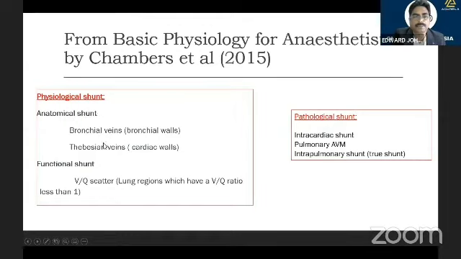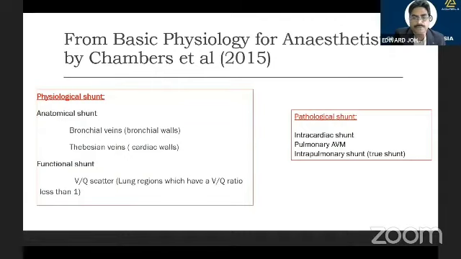Anatomical shunt means bronchial veins and thebesian veins. Bronchial veins drain the upper respiratory tract, and thebesian veins drain the cardiac chambers. Then functional shunt is otherwise called VQ scatter. So the lung regions which have a VQ ratio of less than 1 are the functional shunt.